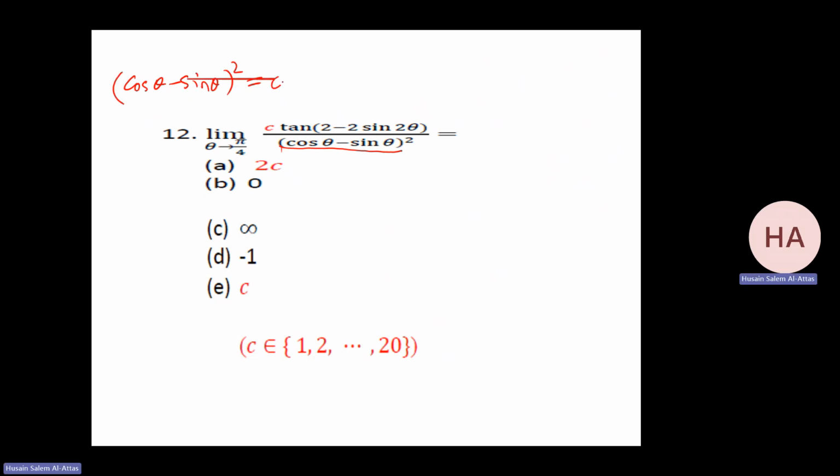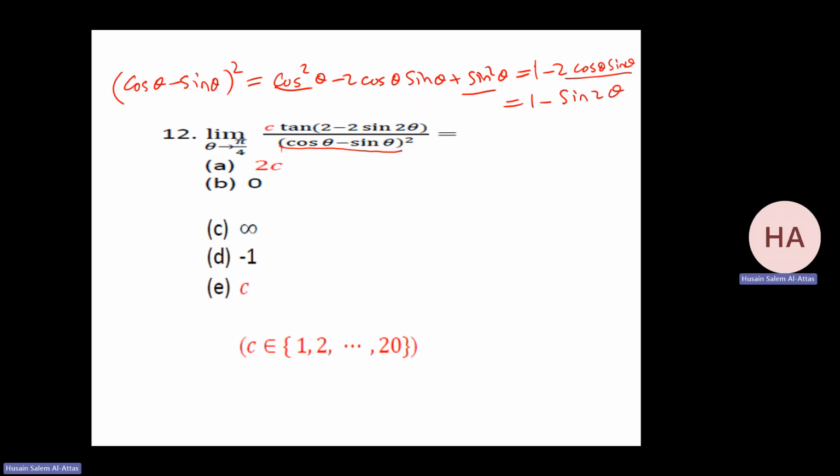Squaring, that will be cosine squared minus 2 cosine sine plus sine squared. Cosine squared plus sine squared is 1, so it will be 1 minus 2 cosine theta sine theta. And what is this? This is sine 2 theta.